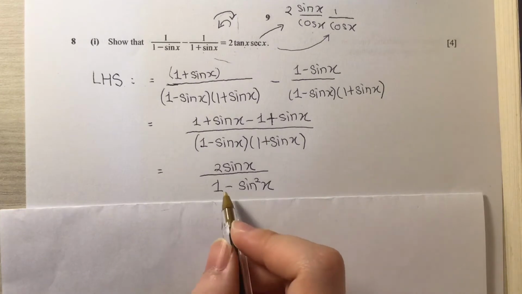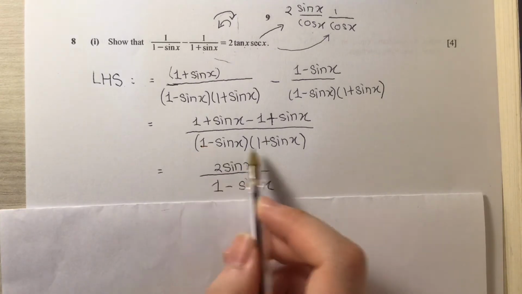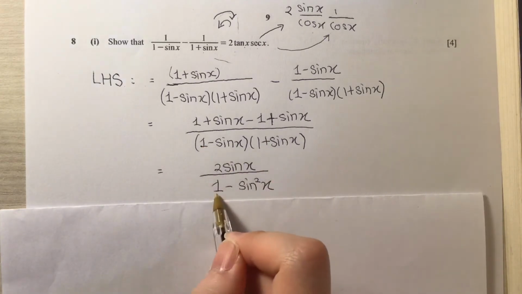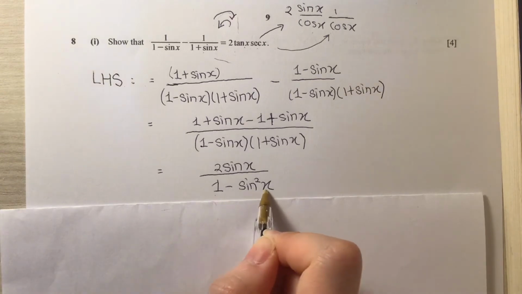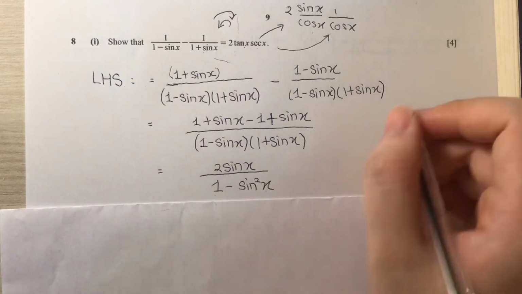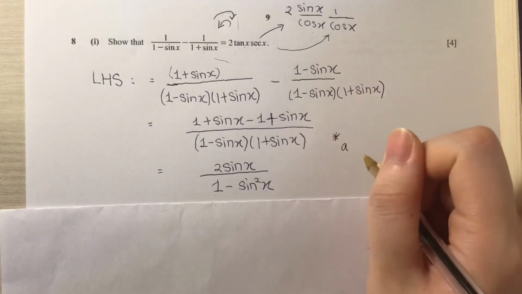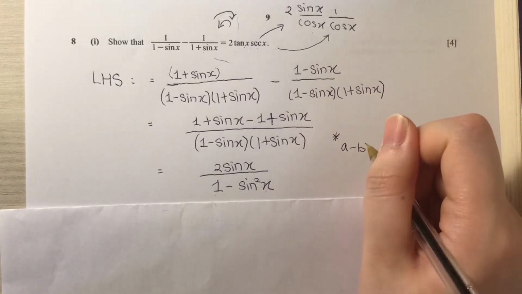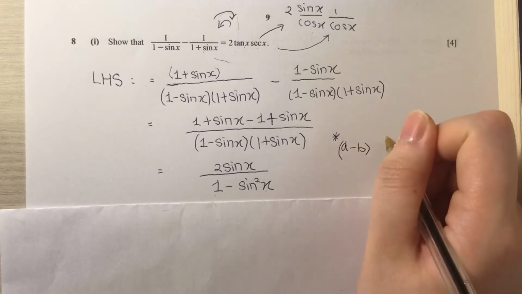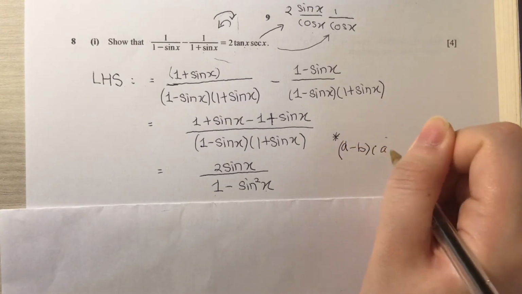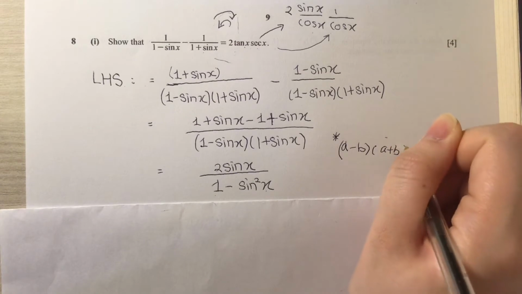And after that, you just have to do the multiplication over here, and you will get 1 minus sine squared x. Notice that this form is also very similar to, I'm going to put a note here, a minus b bracket multiplied by a plus b.